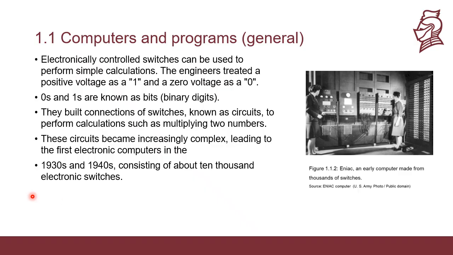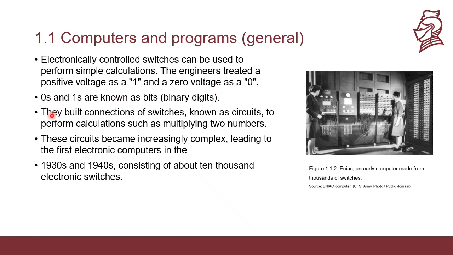Using electronically controlled switches, you can form circuits on the fly, and you can do simple calculations. So a positive voltage is a 1, and a 0 voltage or low voltage is a 0, okay? Those zeros and ones are binary digits.